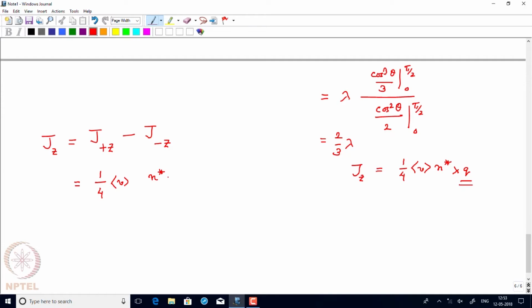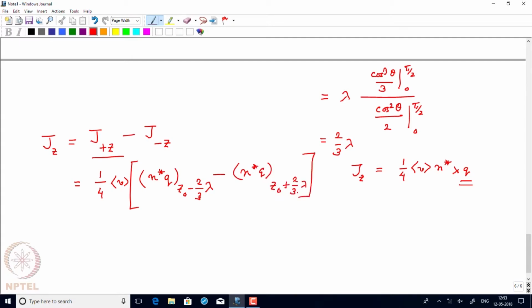Now in order to calculate the net flux, we have to calculate the value of this n star Q for positive Z. Again, it is coming from the bottom. So it means the value of n star Q at Z0 minus 2/3 lambda, minus the value of this n star Q at Z0 plus 2/3 lambda.